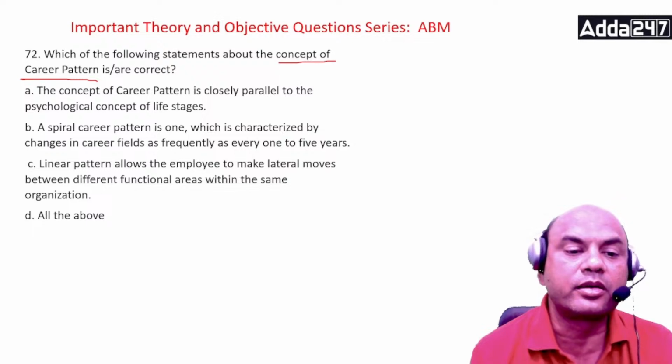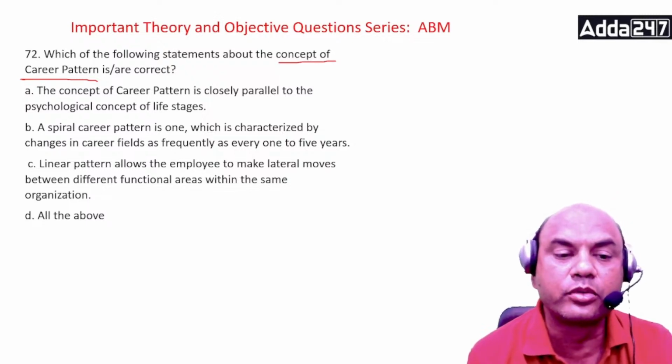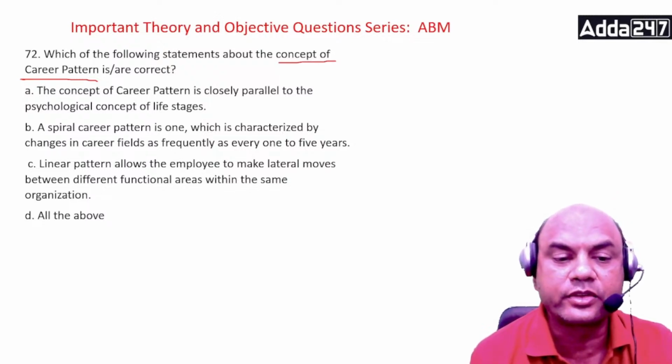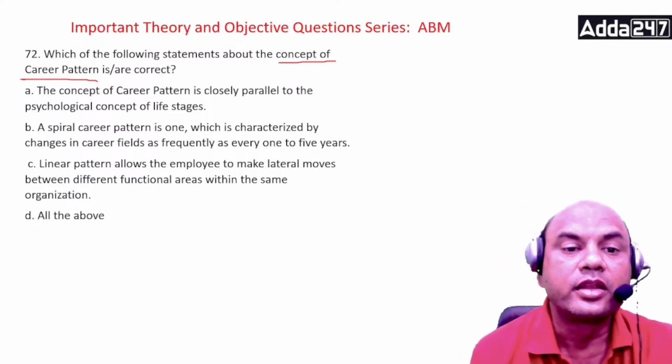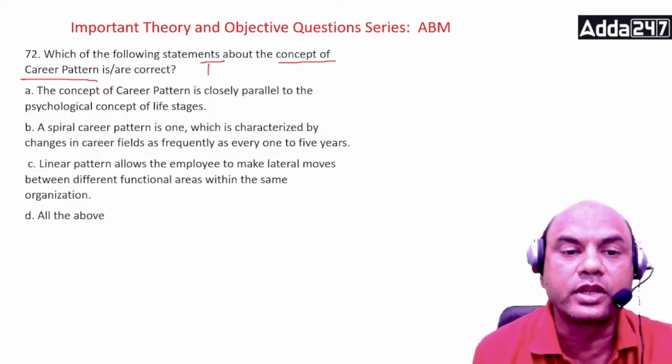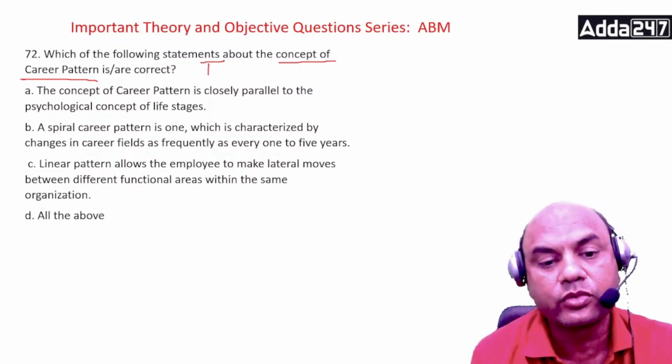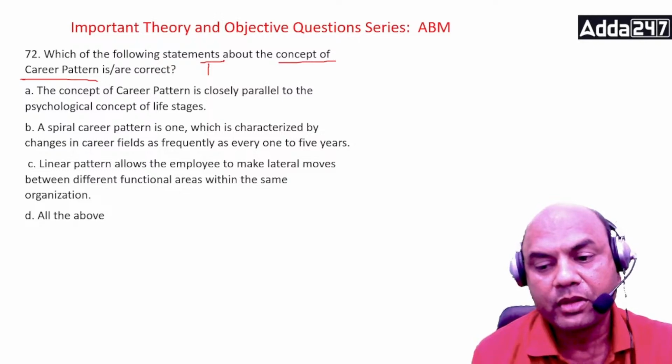Line pattern allows the employees to make lateral moves between different functional areas within the same organization. And all of the above. Now you want a correct one, so you want a true one. Focus on this.